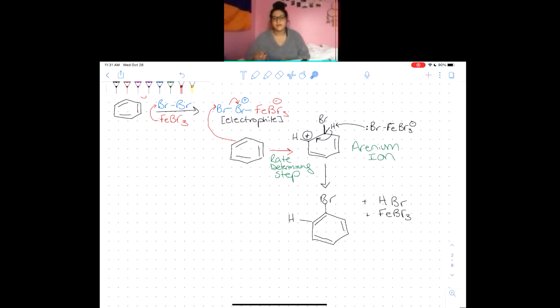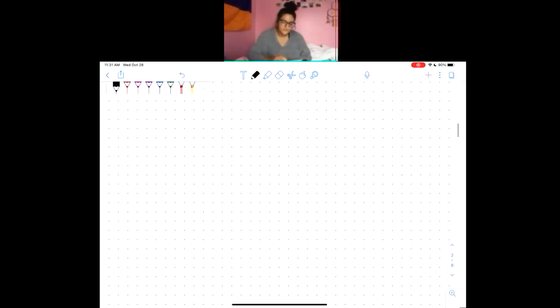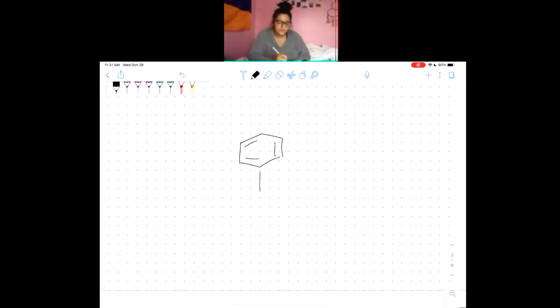But overall, it's a substitution reaction. So we have our handy-dandy benzene ring. And the first reaction that we already went over is the halogenation. The halogenation can use any halogen as a reactant.